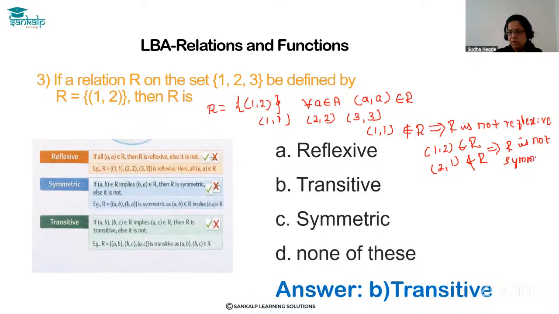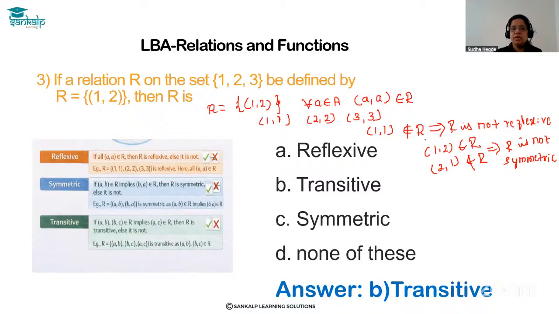So if (a, b) belongs to R implies (b, a) belongs to R, then only it is symmetric. Here, that condition is not satisfied. Therefore, it is not symmetric.